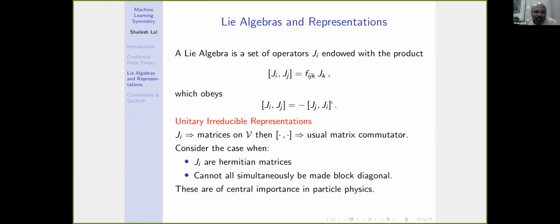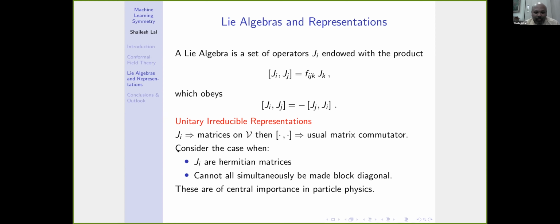And usually as physicists, what we're interested in are unitary irreducible representations of this algebra, where the J_i operators can be realized as matrices on a vector space, and this product is the usual matrix commutator.